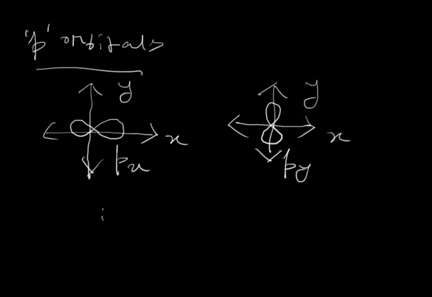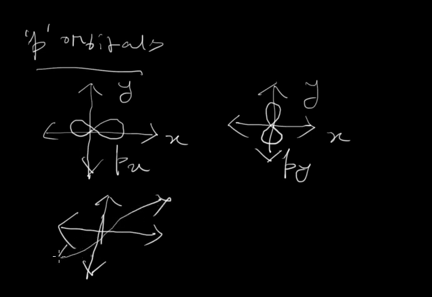And if the orbital is directed along the z-axis, it is called the pz orbital.